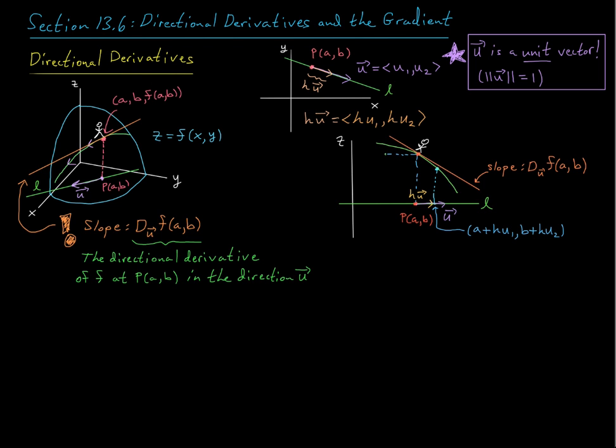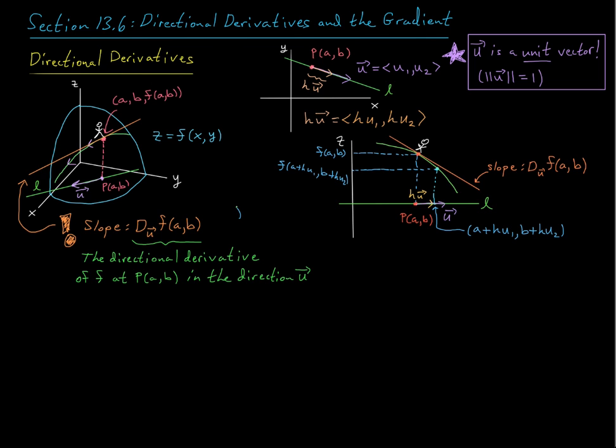First off, my initial altitude would just be f of a, b, and then this altitude right here is going to be f of these coordinates here, so f of a plus h u1, b plus h u2. And then of course the step size, the run in the slope calculation, is just h. So what we're going to do now is compute that difference quotient.